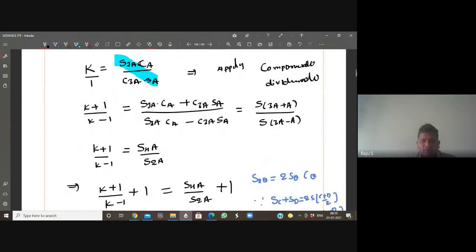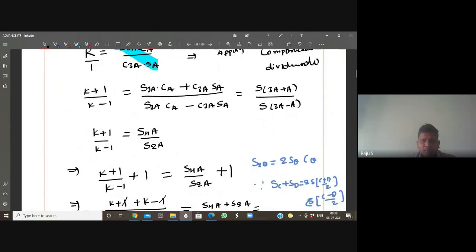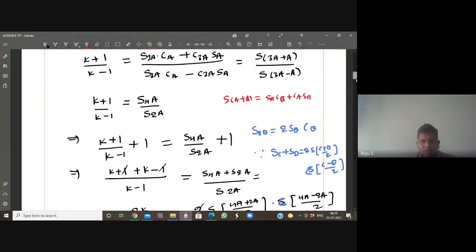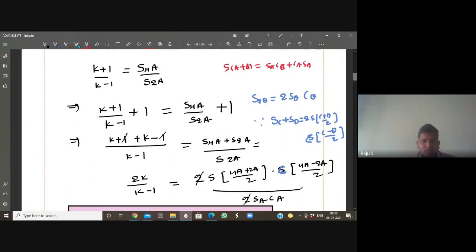After applying it, the numerator is in the form of the sin (a plus b) formula, sin a cos b plus cos a sin b, and the denominator in the form of sin (a minus b), giving sin 4a by sin 2a.